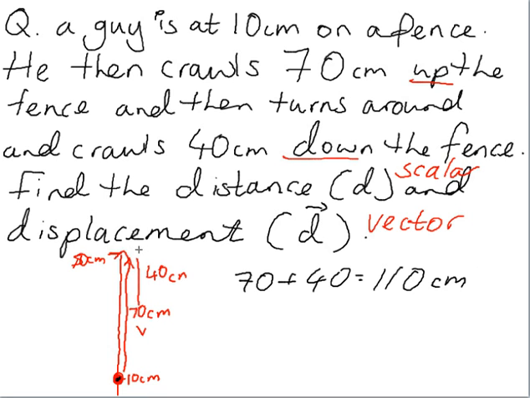But the displacement is if he took a direct route from the starting point to his final point, what is the length of that and the direction from the starting to the final point? That is the displacement. So we find that out by finding 70 minus 40 equals 30 centimeters, because 30 plus 40 makes 70.